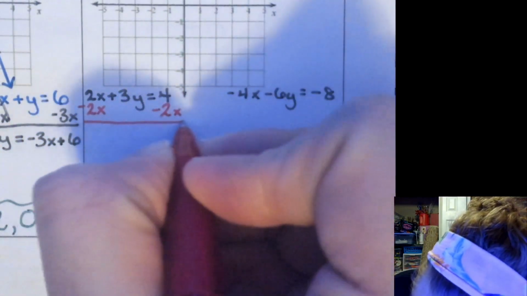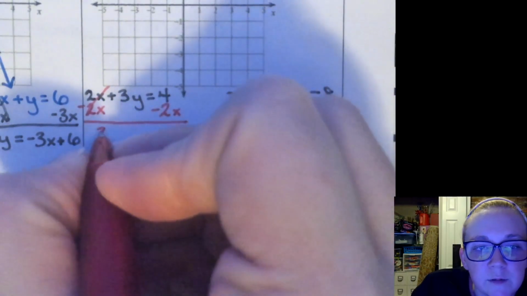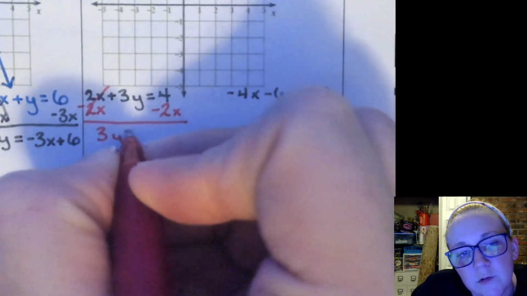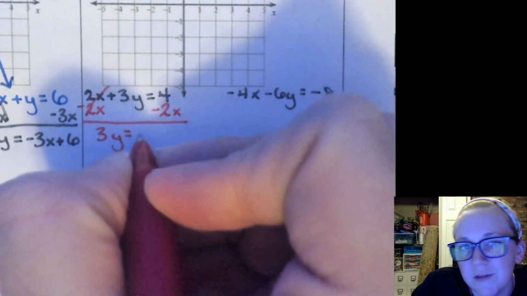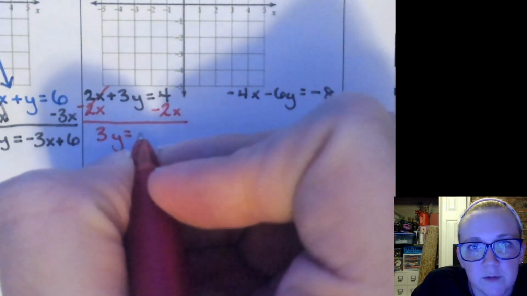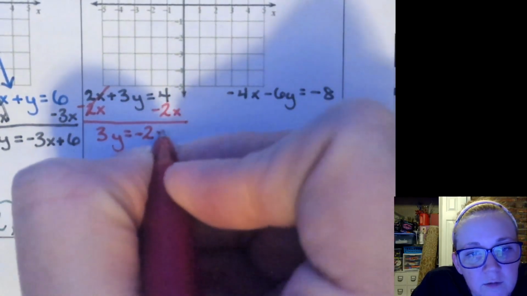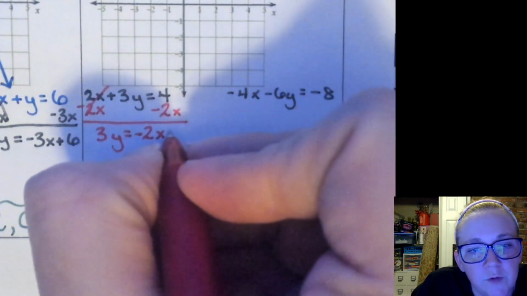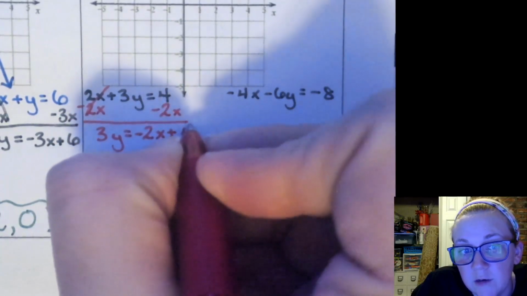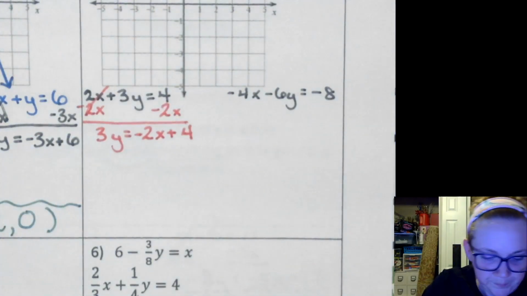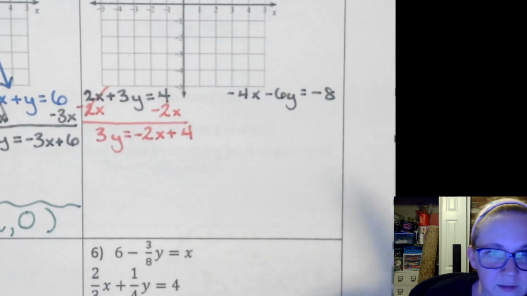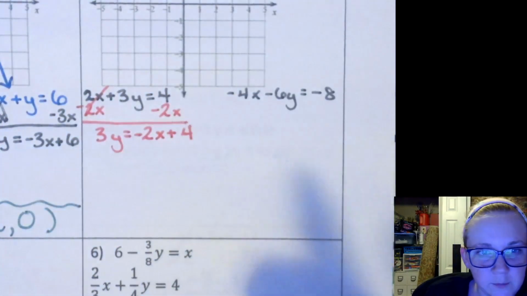Minus 2x, minus 2x, cross out. We've got the 3y left over. I put the x first because it's y equals mx plus b. Then the 4 is positive, so positive 4.